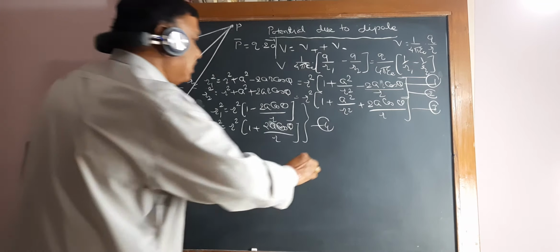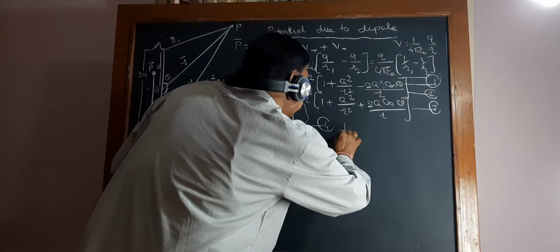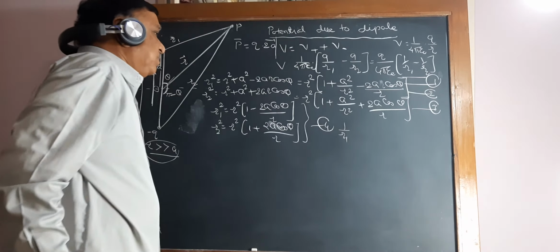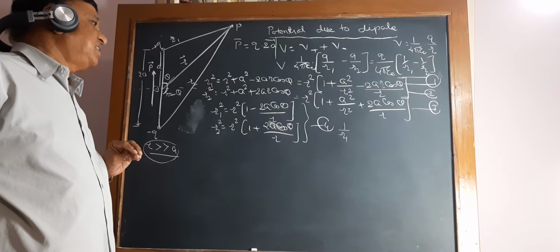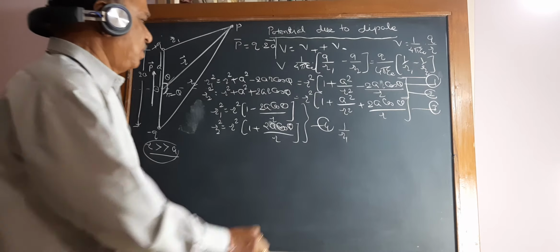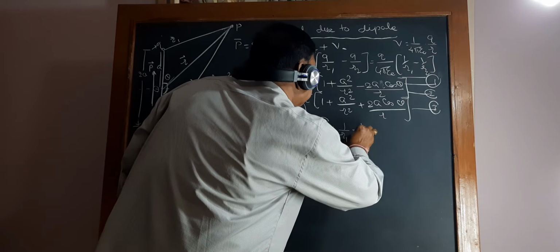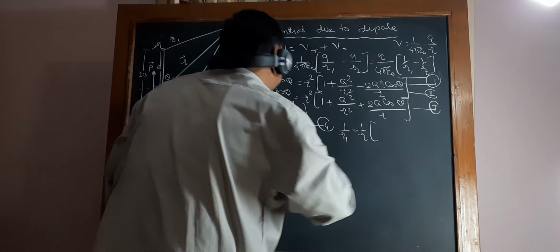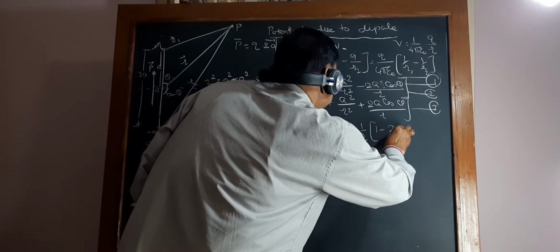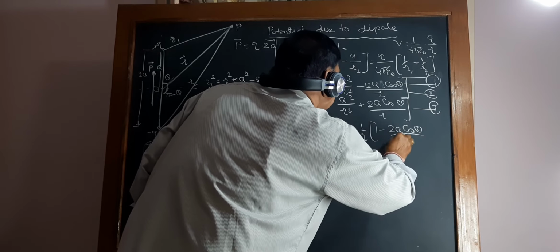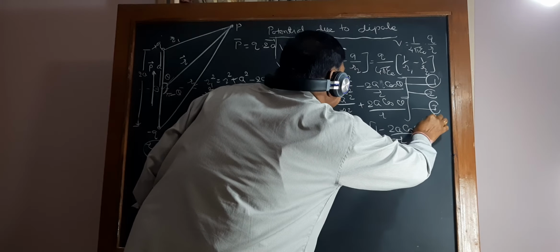Simply we can write 1 upon r1, reciprocal and then square root. It is 1 upon r in the bracket 1 minus 2a cos theta upon r raised to minus 1 by 2.